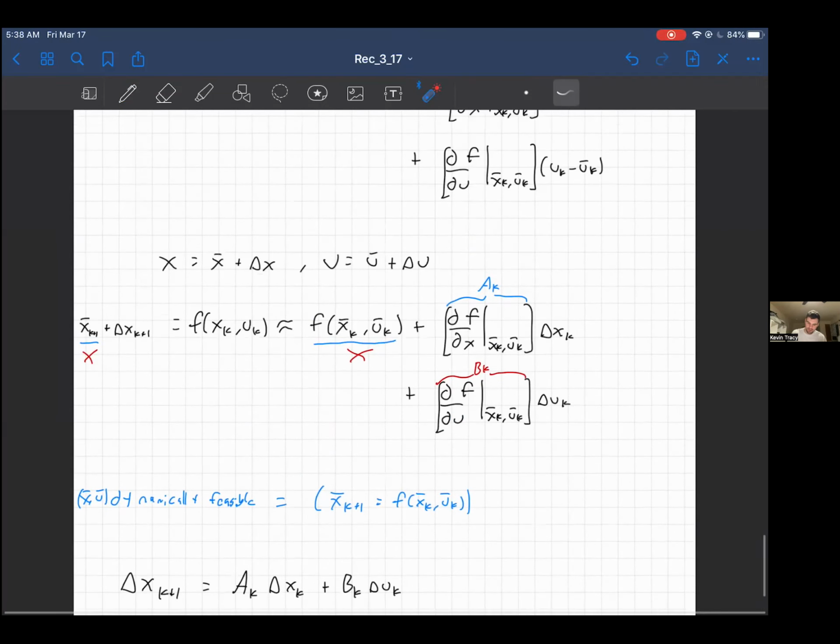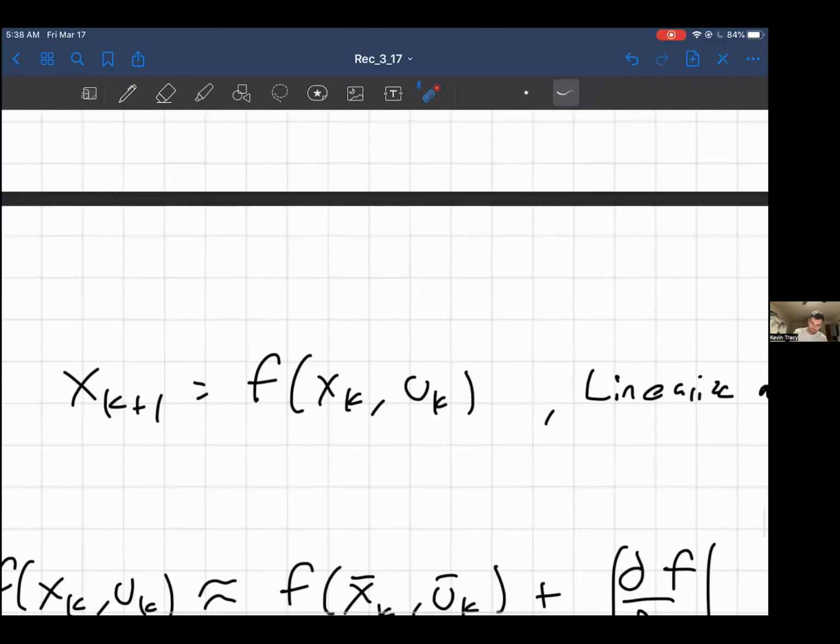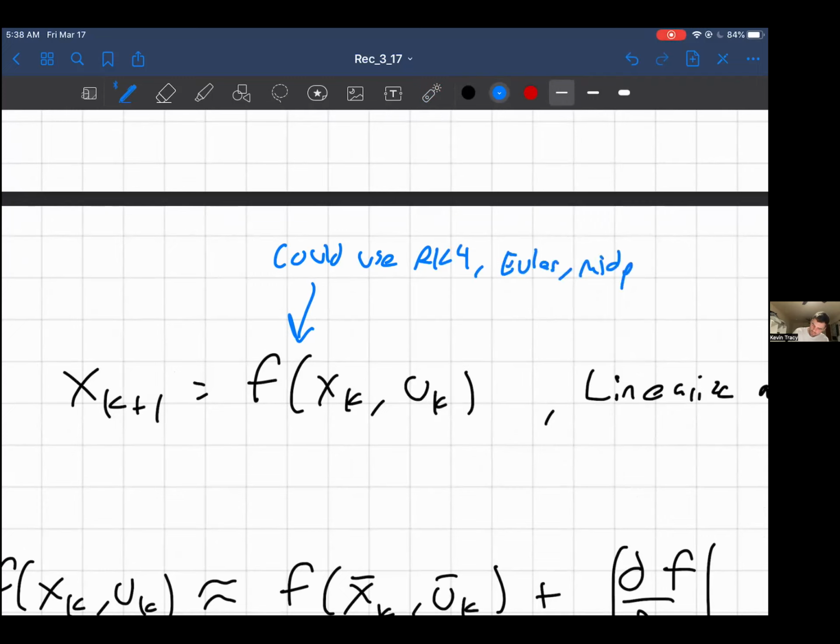So I'll write again up here. So this could use RK4, Euler, midpoint, etc. And then I'll just point you to homework 1.